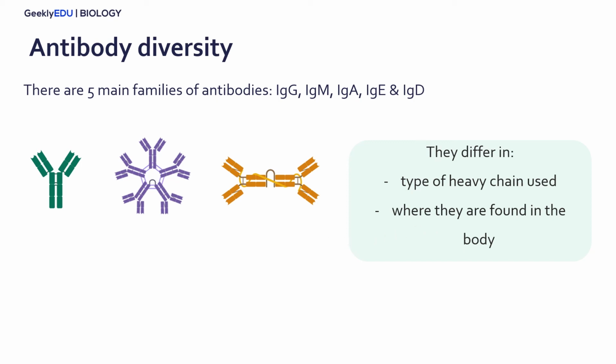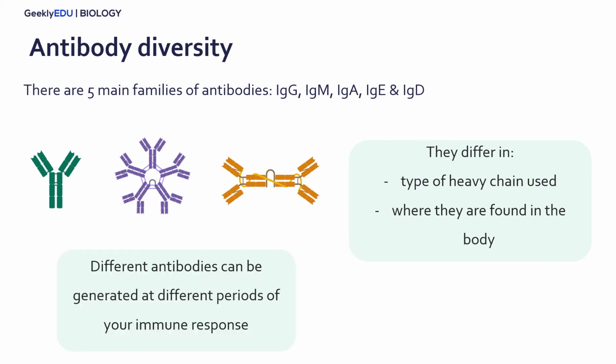And while these antibodies are specifically aimed at fighting different pathogens, they can be generated at the same time, or they can also be generated at different time points of your same immune response. So you have a pathogen, maybe one antibody will be generated and then another will then be generated afterwards as part of the same immune response.